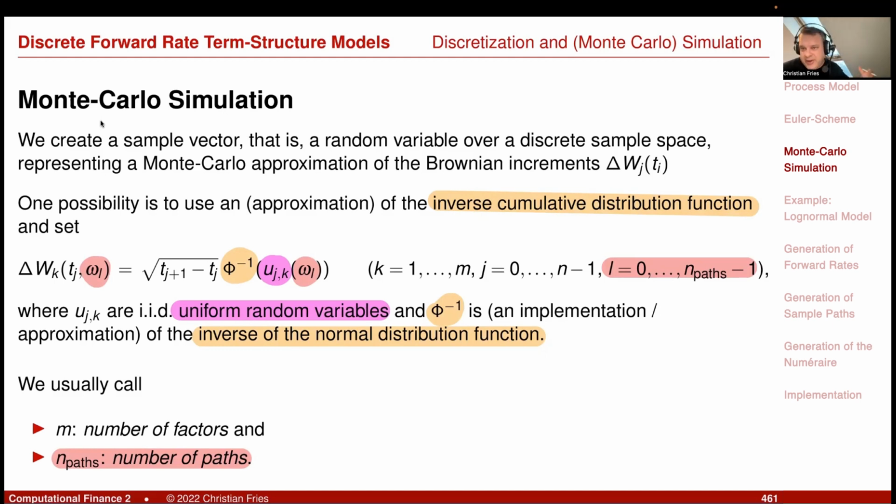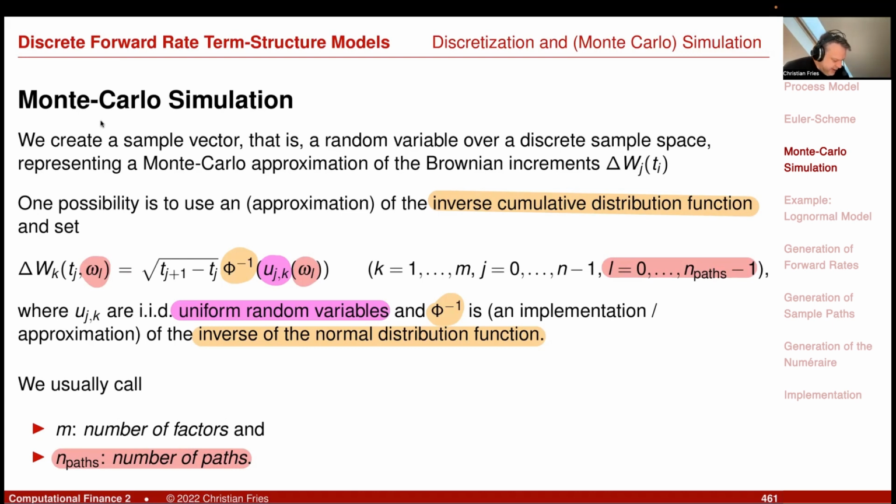So you have a random number generator, yeah, just implement it, and you can use these to generate the delta W's. By the way, I have here a u_jk. Yeah? So you can now interpret this as a huge vector. Yeah? It is a vector of size m times n.